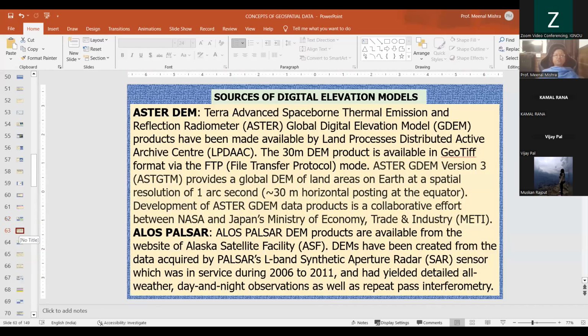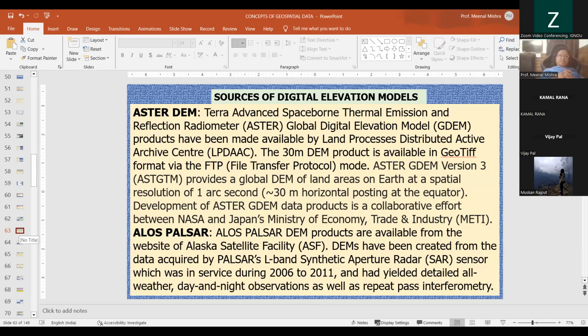Now, other sources of DEM. We have seen SRTM and Cartosat. The other source is ASTER DEM. ASTER stands for Advanced Spaceborne Thermal Emission and Reflection Radiometer.